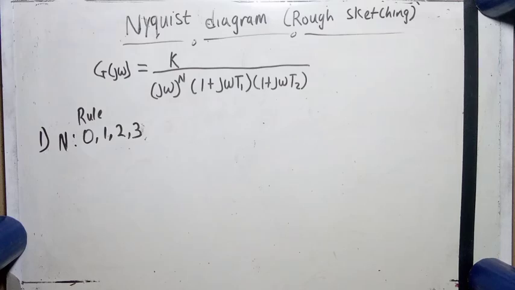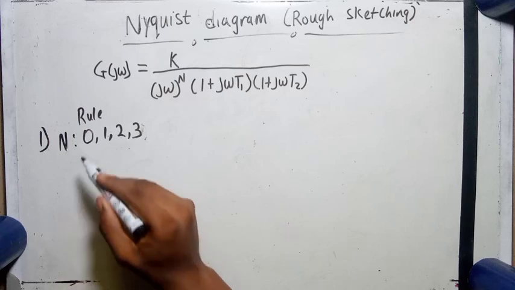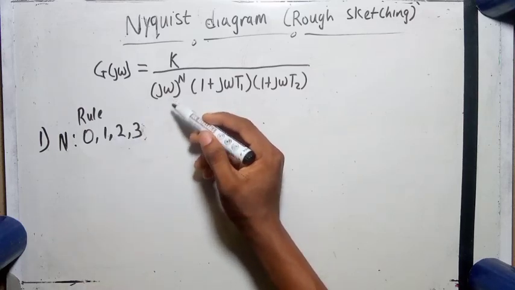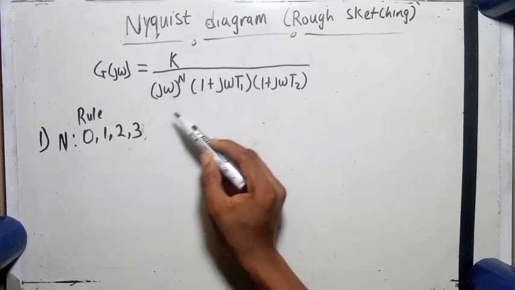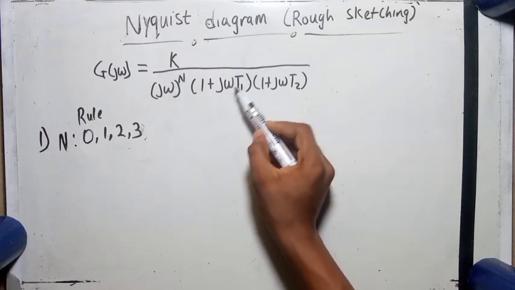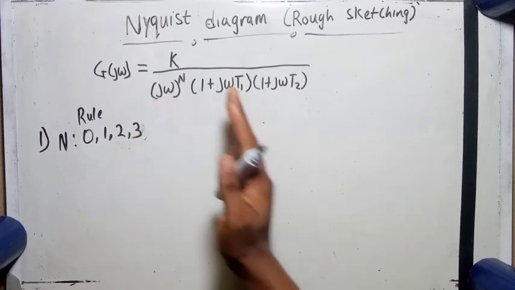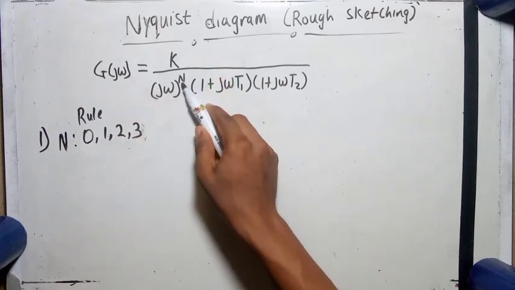Right? Then when it is 0, what it means is that this wasn't given to us. So in a case where jw doesn't have any 1 over jw or any such term attached to it, you know that your n is what?